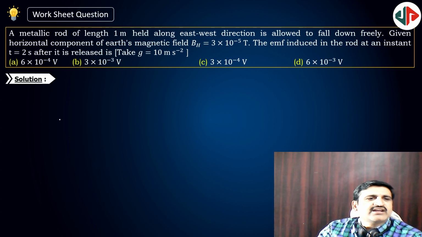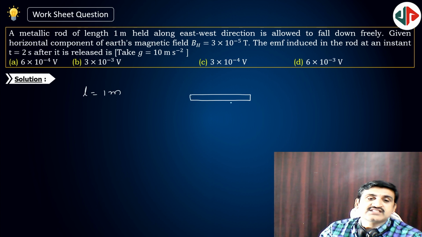Next, a metallic rod of length L equal to 1 meter held along the east-west direction. East, Bay of Bengal.